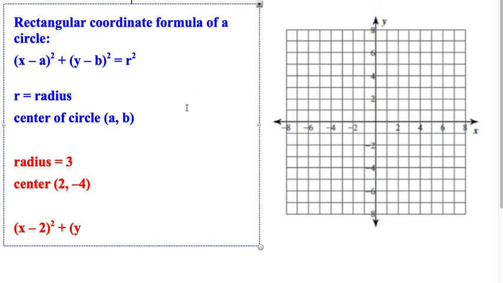The y coordinate is indeed negative, so that would mean when we put it in this formula, it's y minus whatever the y coordinate is, minus a negative would become positive, still squared. And yes, the parentheses are important. And then last but not least, the radius squared, which would be 3 squared or 9.